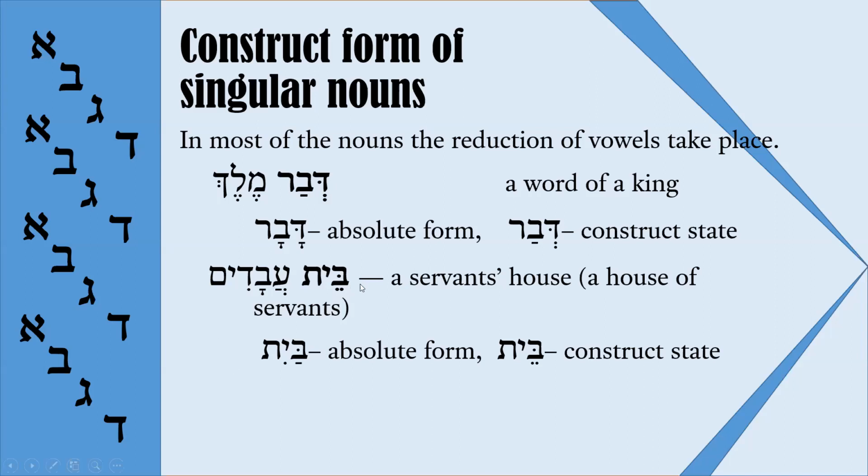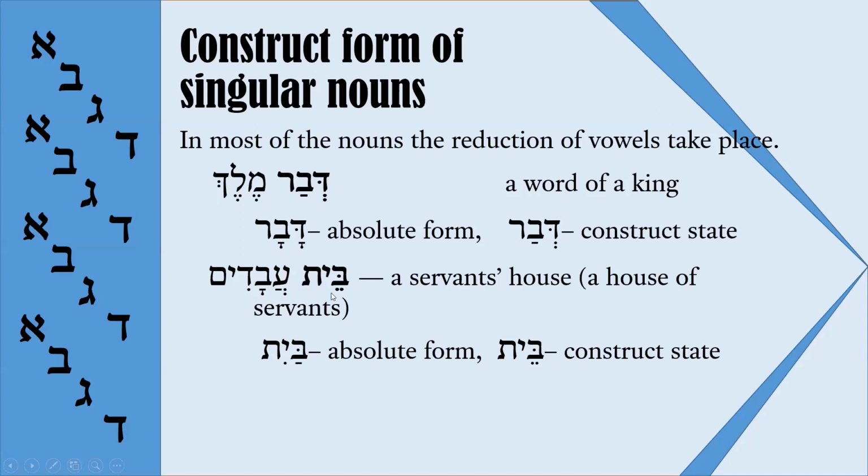So now we can see bayit is the absolute form, and bet is the construct state. So bet would be the construct state of bayit. And when we have an expression like house of somebody, it will always be bet. So house of servants would be bet avadim.